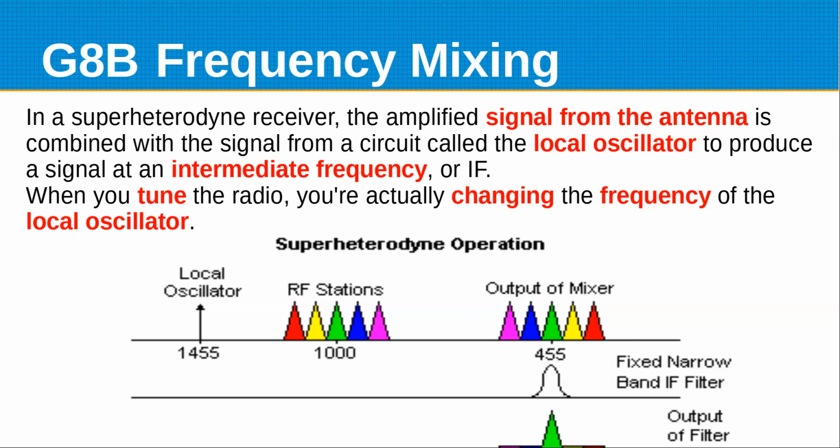So as long as the passband is fairly narrow and has good skirts on it, we're going to reject the red, yellow, blue, and purple signals. But the only thing we're going to see is this green one, which is within the passband. So that's one of the reasons why you want to control how wide your passband is when you're trying to receive a signal. If I had it very wide, then I'm going to get all these other signals in there at the same time.